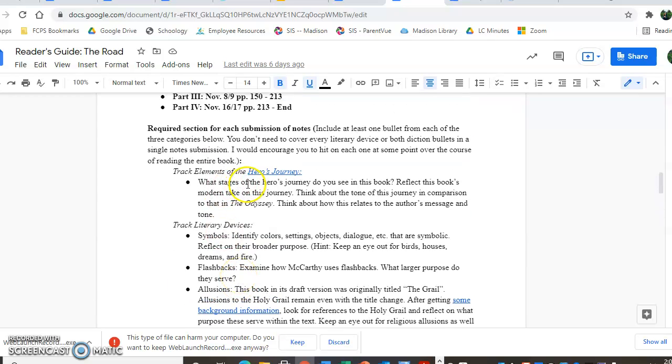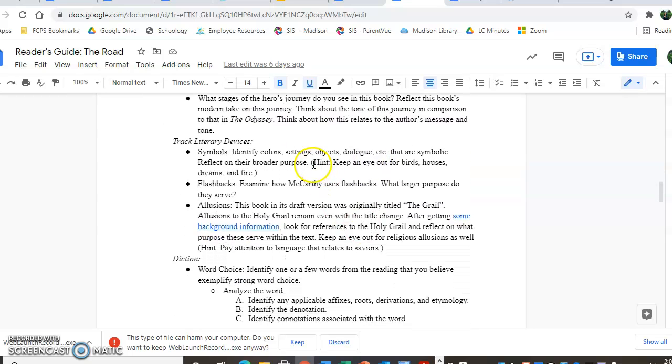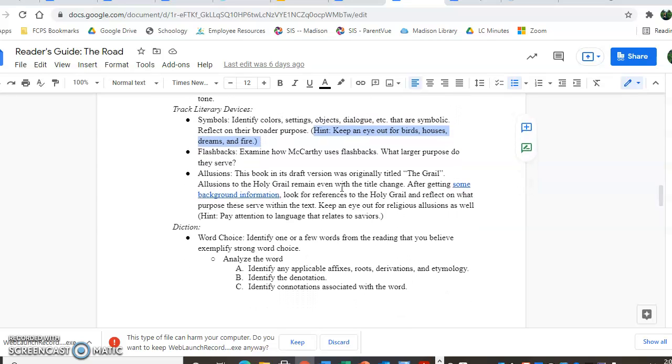For the required menu choices, you can track elements of the hero's journey. I do include hints for some of the things, like for symbols, look out for birds, houses, dreams, and fire. McCarthy's use of flashback is pretty interesting, so pay attention to what the triggers of some of his flashbacks are, and why they are happening.